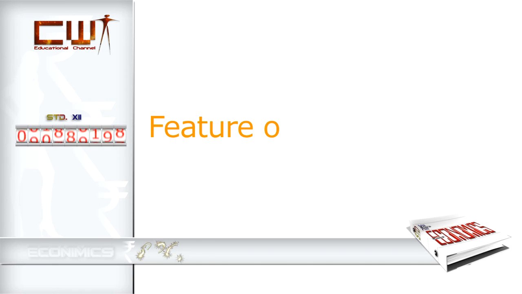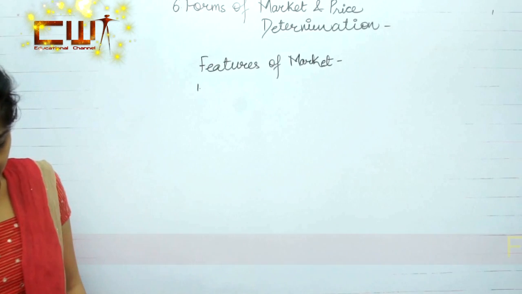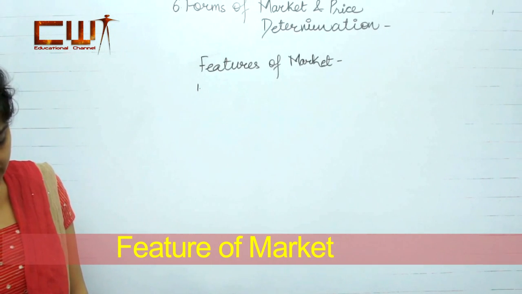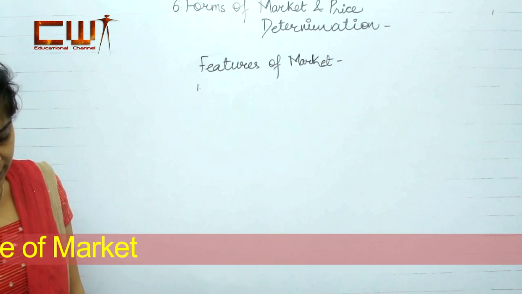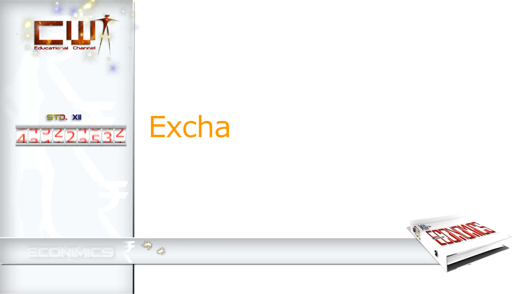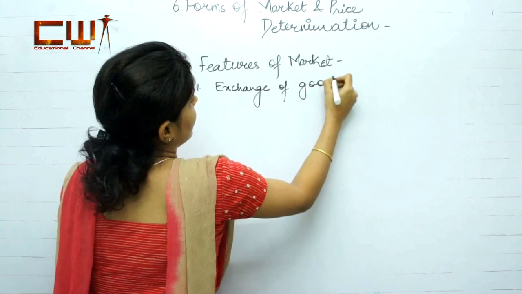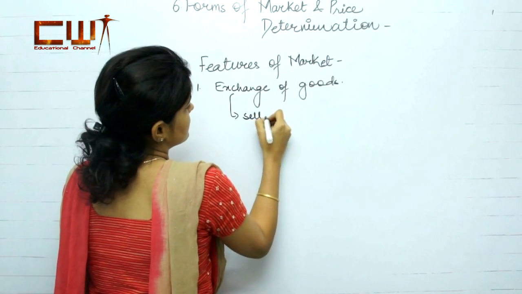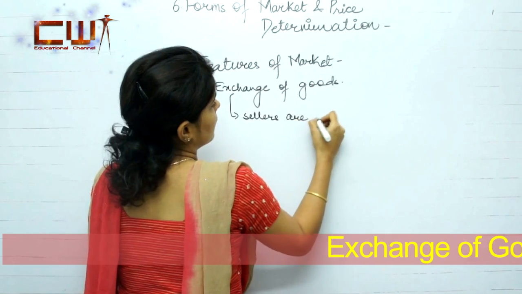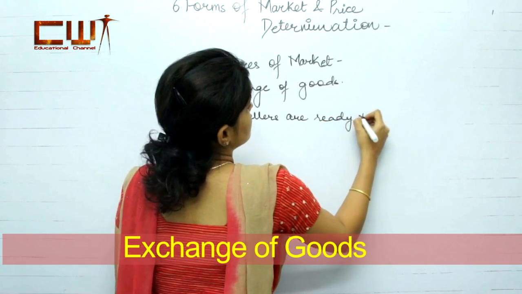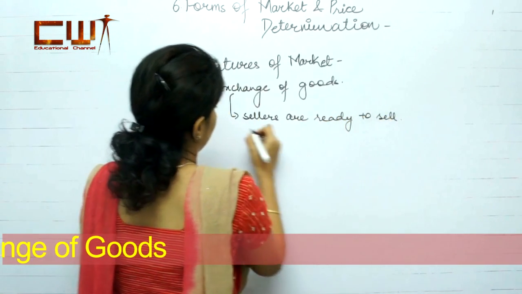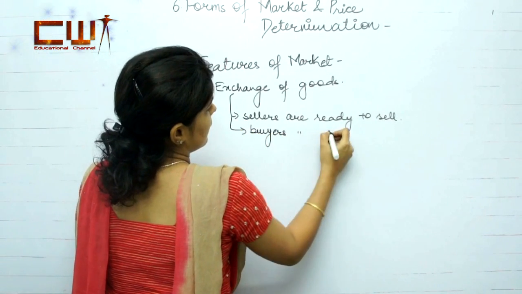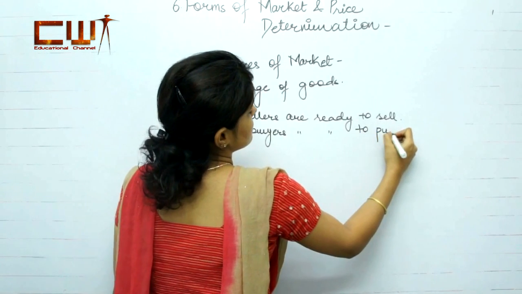We will deal with the features of market. A market involves exchange of goods and services between the buyers who are willing to buy and the sellers who are willing to sell. It is basically exchange of goods. Exchange of goods means a place where sellers are ready to sell and buyers are ready to purchase.